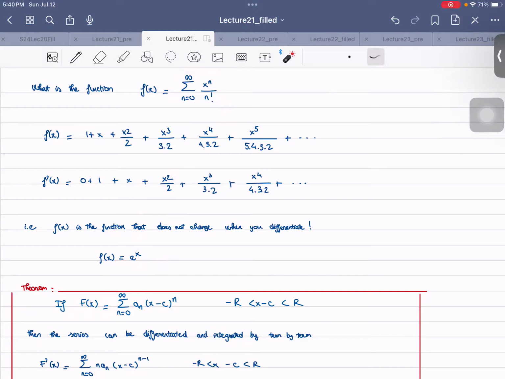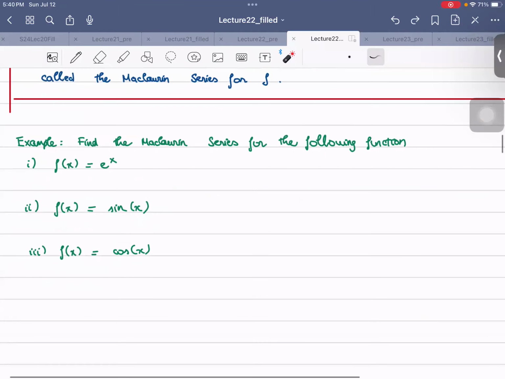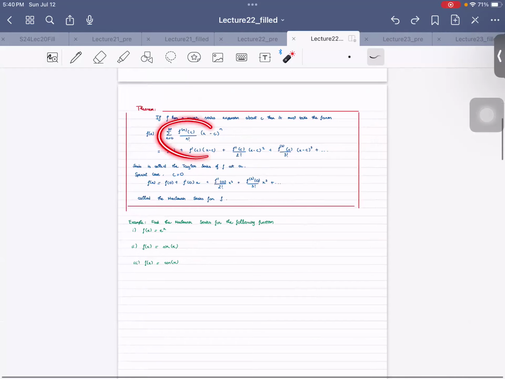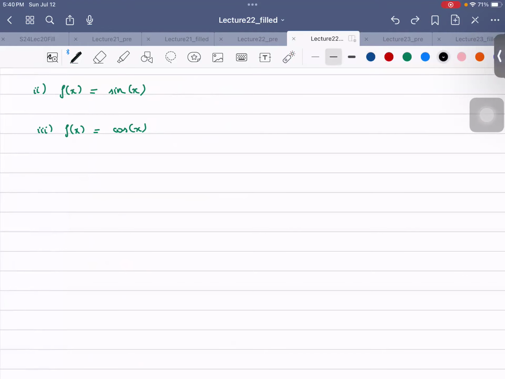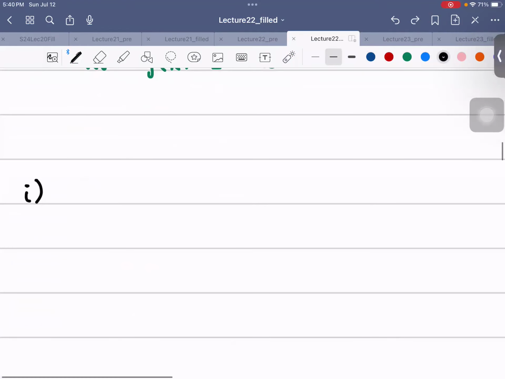Okay, we have this series is e to the x, but over here we're going to find the Maclaurin series for this function in the rigorous way by this theorem. So over here, let's go into the first one. We want to find the Maclaurin series, so that means you need to find the series of n starting from 0 to infinity of Cn x to the n.